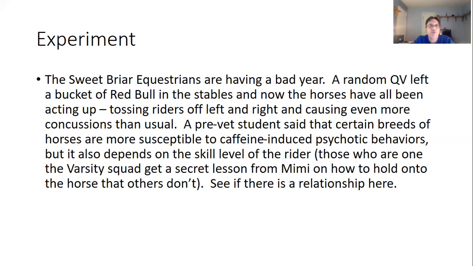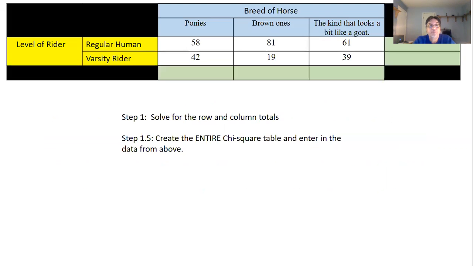People are getting tossed off left and right, and someone says that horses are susceptible to psychosis, depending on the skill level of the rider. And Mimi sets you into action to see if there's a relationship between the kind of horse and the rider, concerning these animals all hopped up on Red Bull. Again, the varsity getting a little bit more training than the regular rider, who's basically told, just hold on. I'm doing this from my knowledge of riding programs, so whatever.